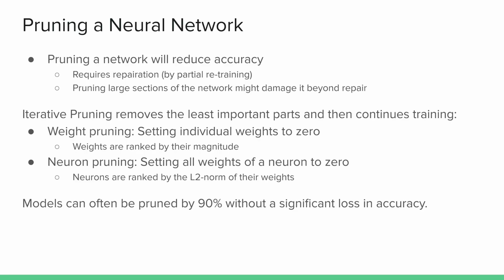Similarly, you can remove neurons that contribute the least by summing over the magnitude of all their weights, then ranking the neurons and removing those with the lowest L2 norm of the weights. By just setting them to 0, you can disable that neuron without actually changing the architecture.